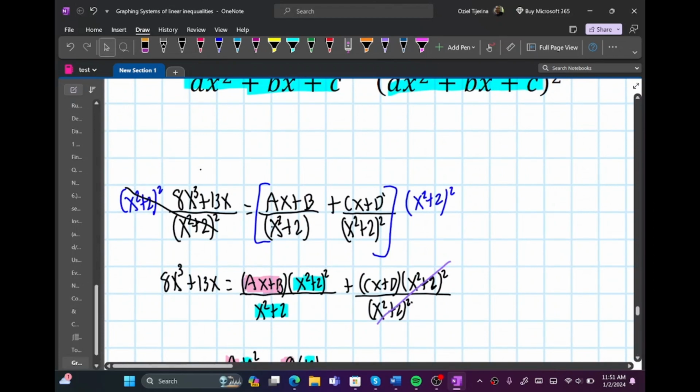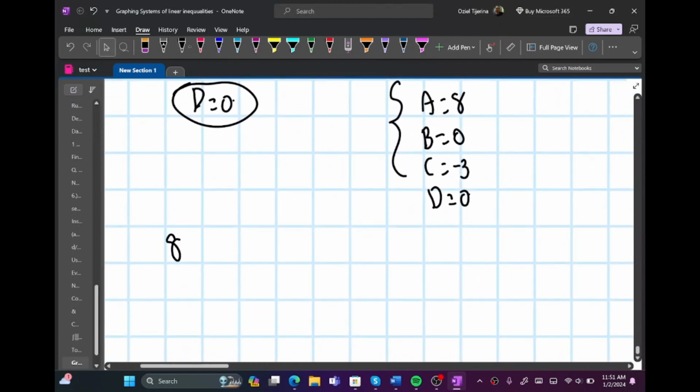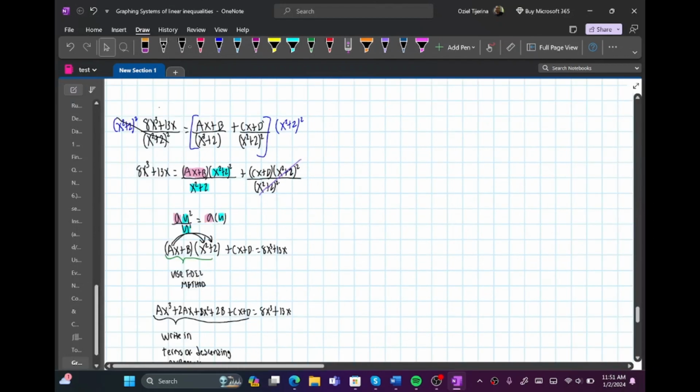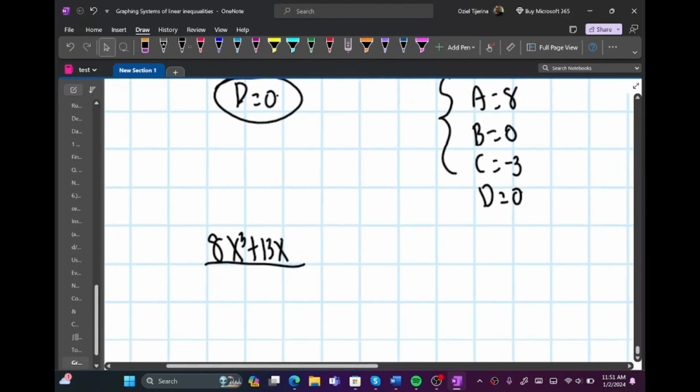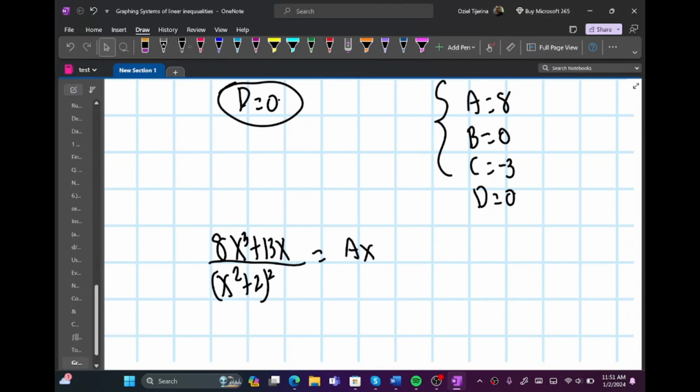So we have 8x cubed plus 13x over x squared plus 2 quantities squared is equal to ax plus b over x squared plus 2, plus cx plus d over x squared plus 2 quantities squared.